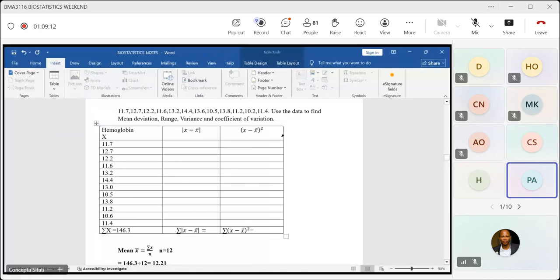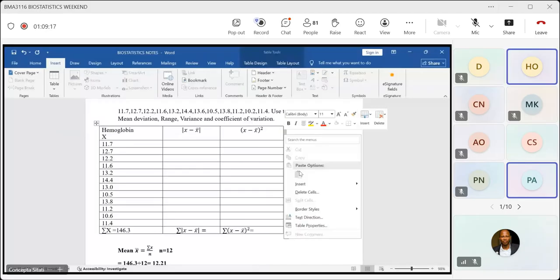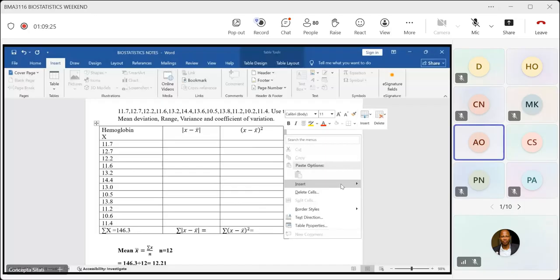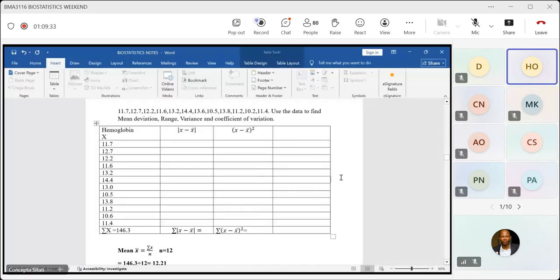Mean is 12.19. Nilipeana jibu mapema sana na mnaanza kubadilisha answer. Relax. It was 12.19 actually. Actually, the mean is 12.191. We go with that figure, otherwise tutapotea.